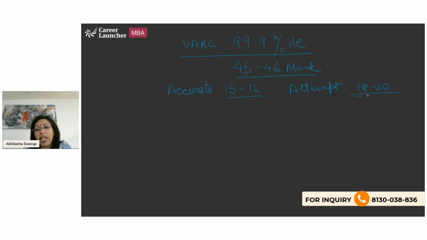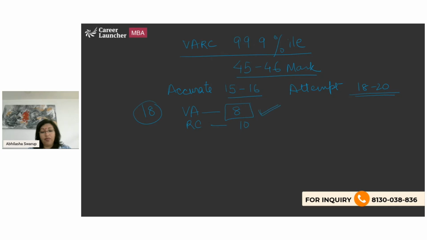To get to this 18, let's keep a lower number of 18. To get to this 18 question attempt, if you do all the VA questions, which are difficult to do, you still do all the VA questions, you will do at least 10 RC questions. That means you end up doing all VA questions.